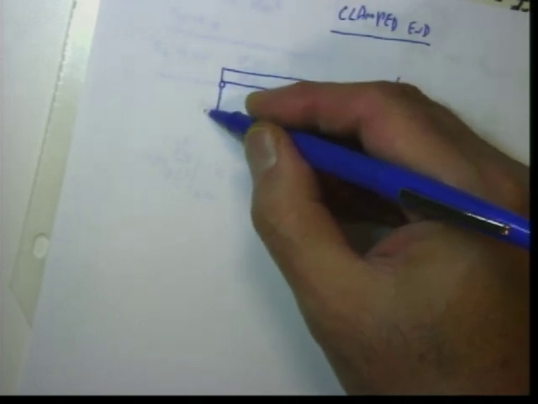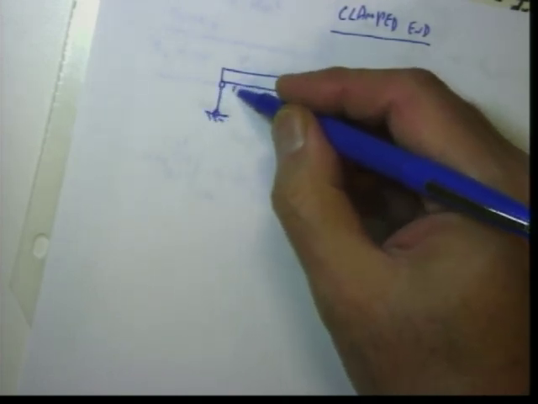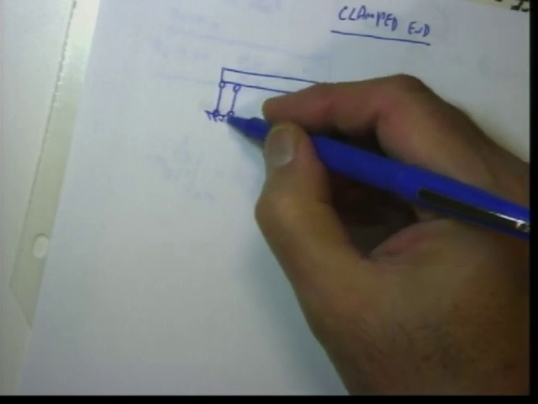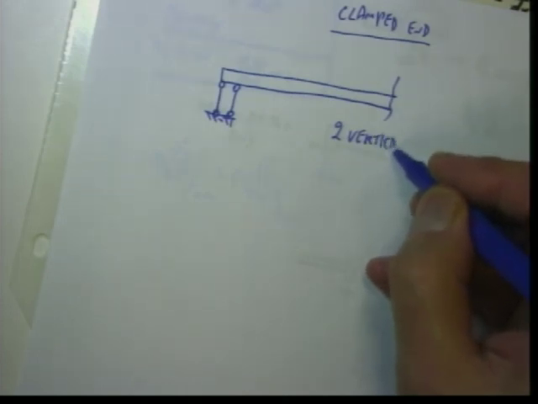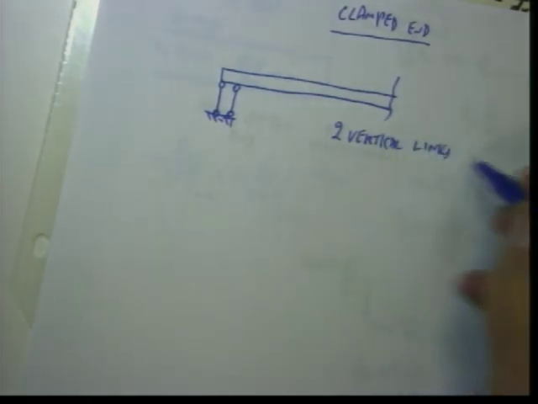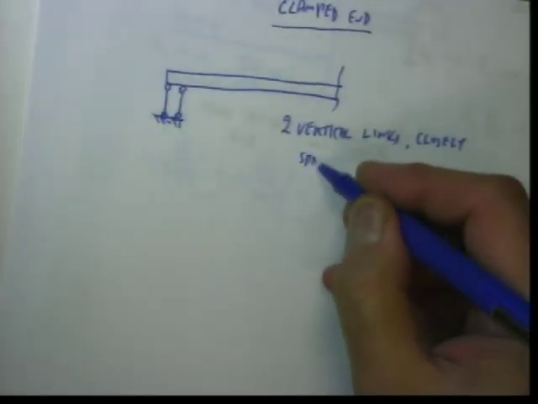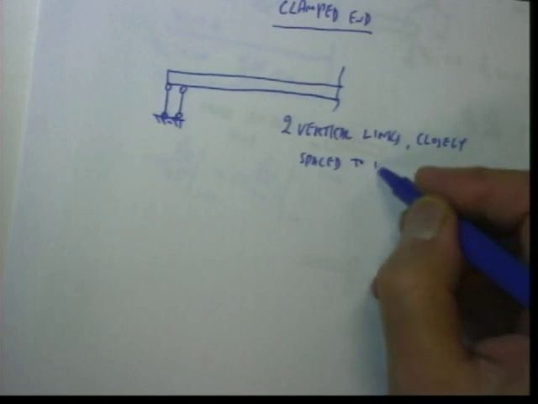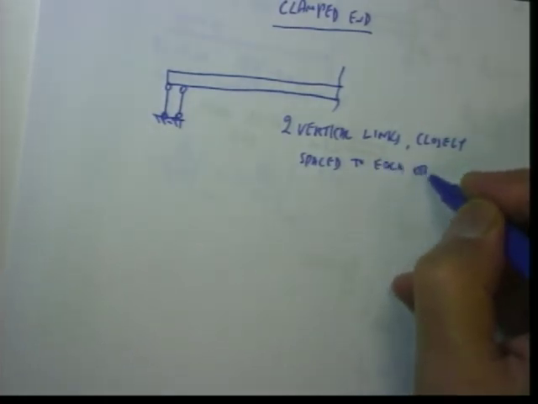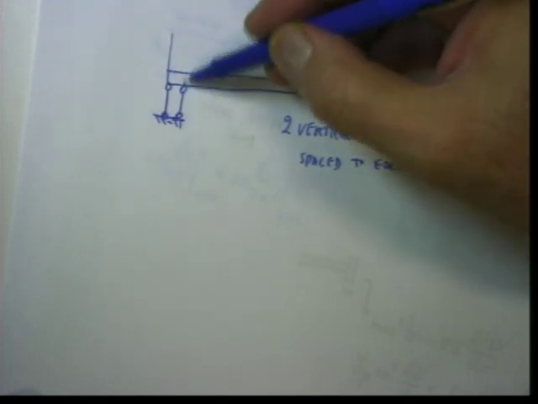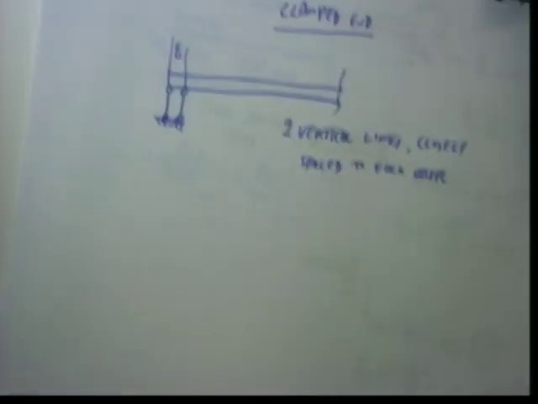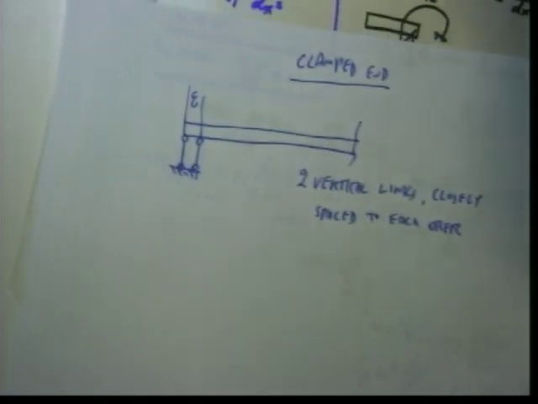It is equivalent to two vertical links that are very closely spaced to each other. And the distance, say, imagine between them is epsilon.